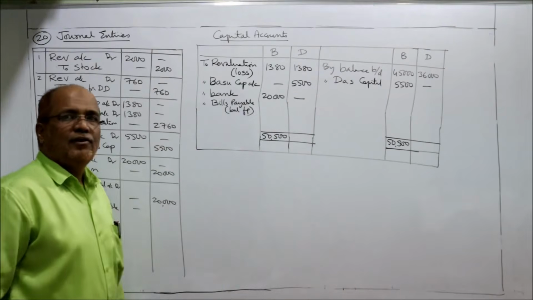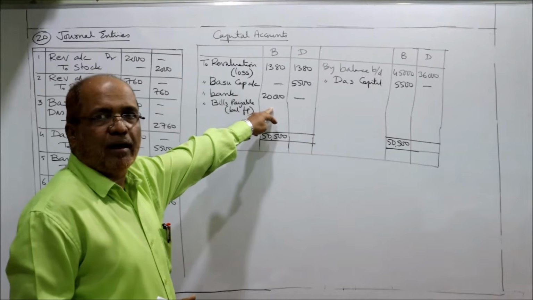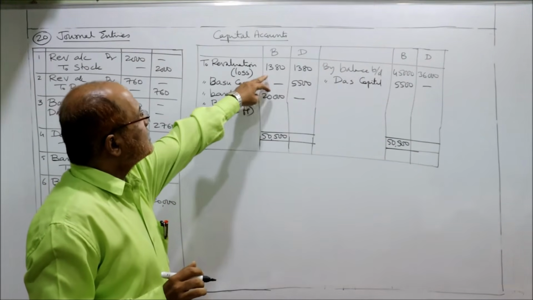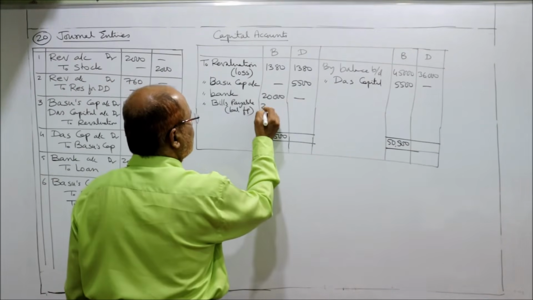Balancing figure. We are paying 20,000 rupees to Basu. So Basu's account debtor to bank. 20,000 we have paid. Now remaining. So 50,500 minus 1380 minus 20,000. You are getting 29,120.